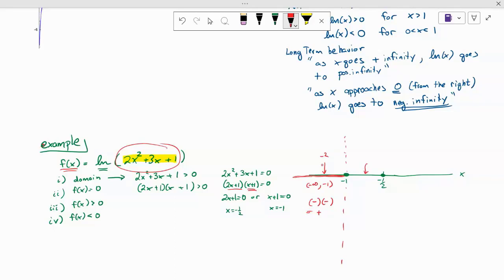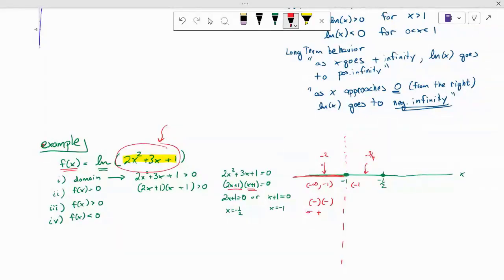So it's like its own little separate problem where we have to find where the inside of that log is positive or negative. It's like inception, two levels. The -3/4 is very good. I like that one, halfway between -0.5 and -1.